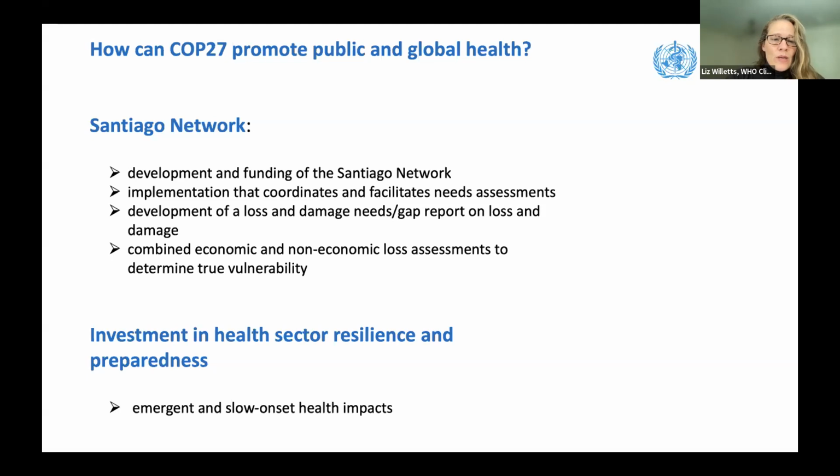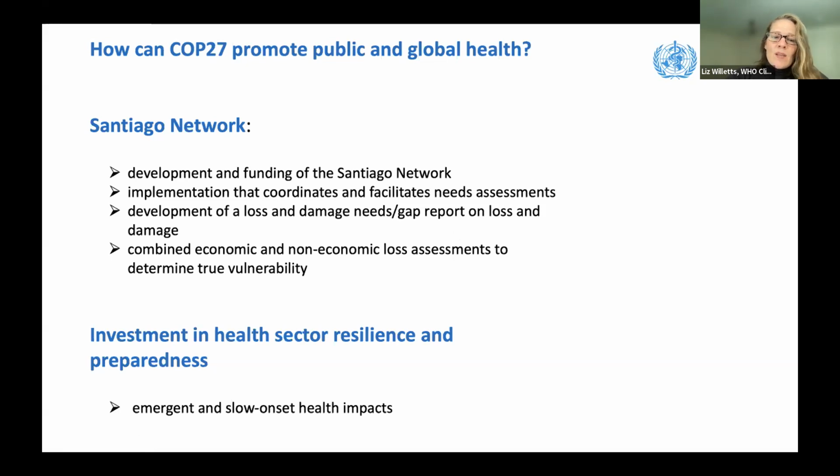From our end, we work with ministries of health to develop health national adaptation plans. About 60 to 80 countries are in various stages of developing those. And these perhaps could be expanded to include a component on loss and damage.